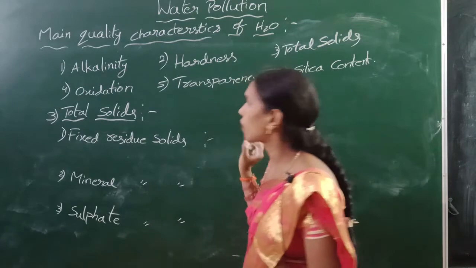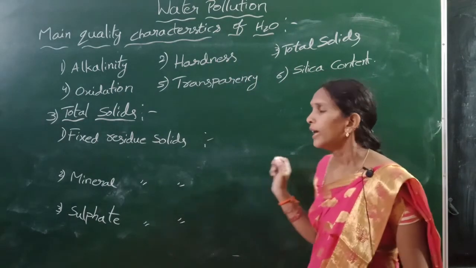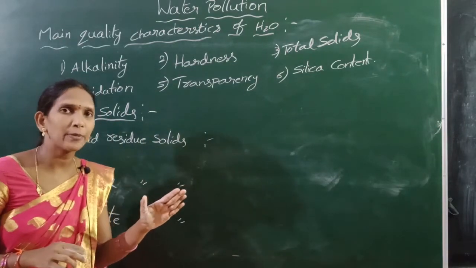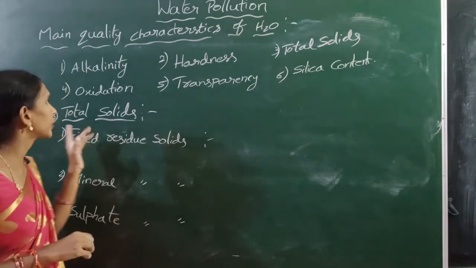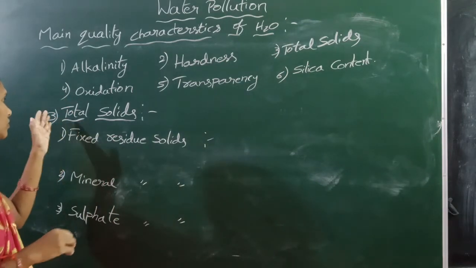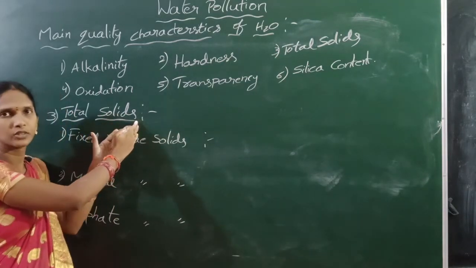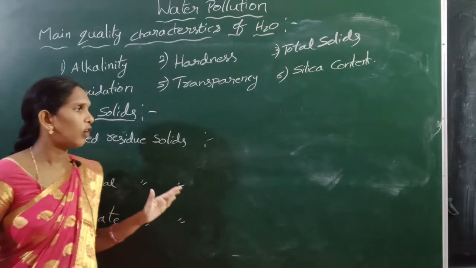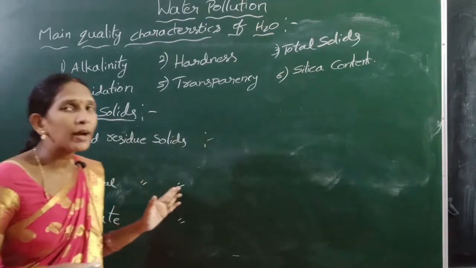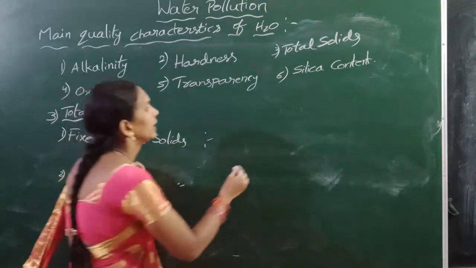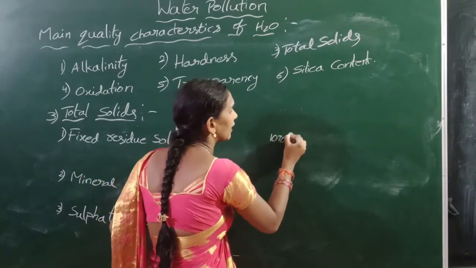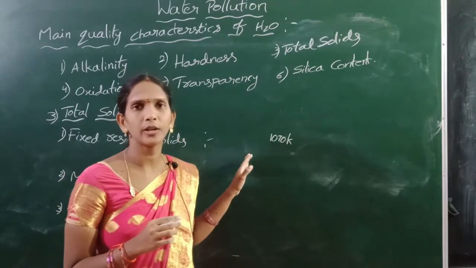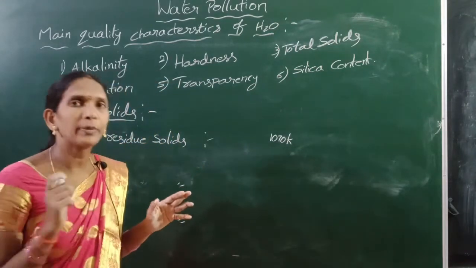In fixed residue solids, to calculate the total solids present in the natural water, the sample is heated several times at 1070 Kelvin temperature. Okay, the mass decreases.